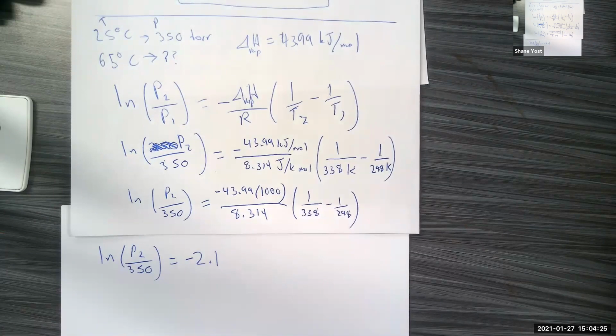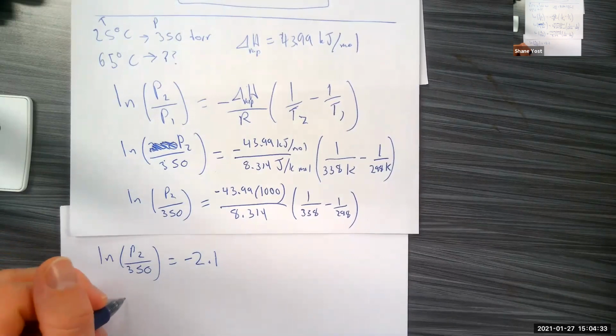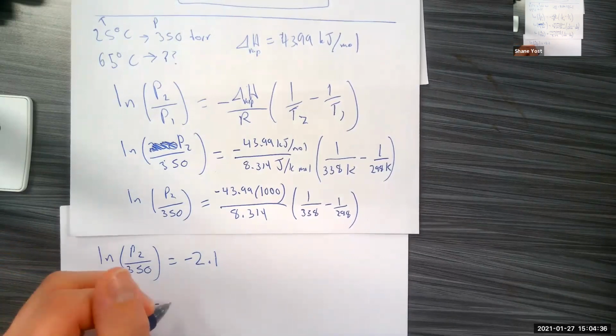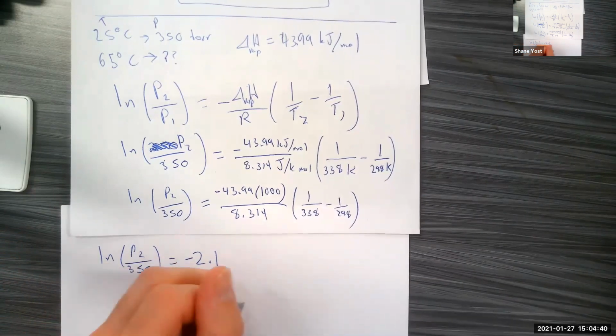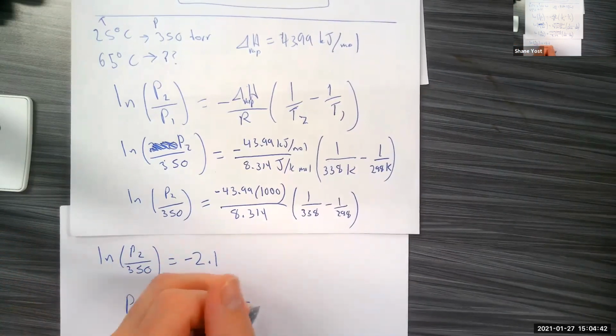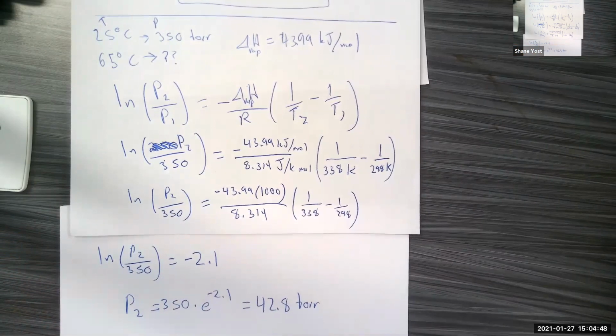If I did my math right here again, then take the exponential of both sides and get P2 is equal to 350 times exponential minus 2.1, which, if I did things right, gives me 42.8 torr.